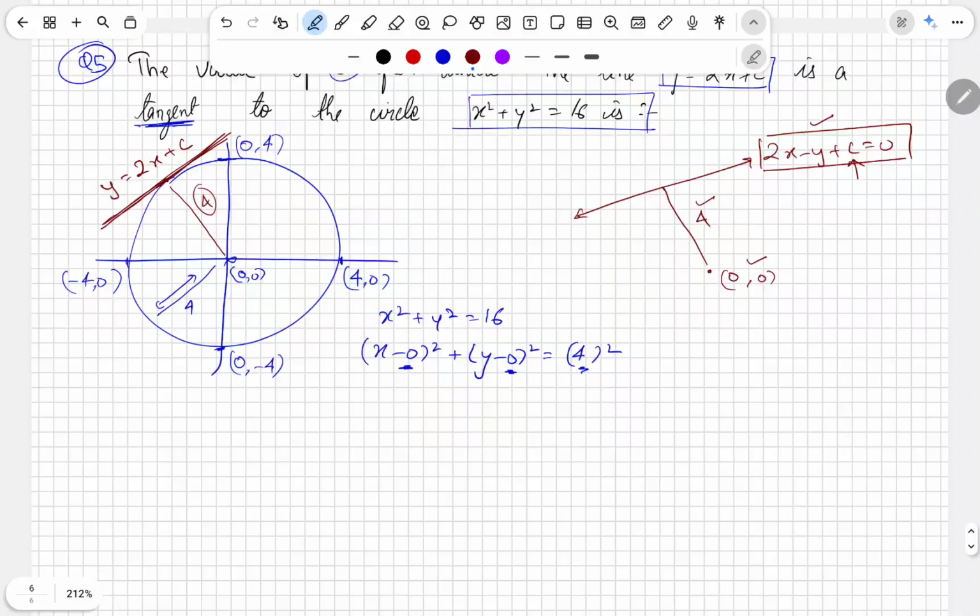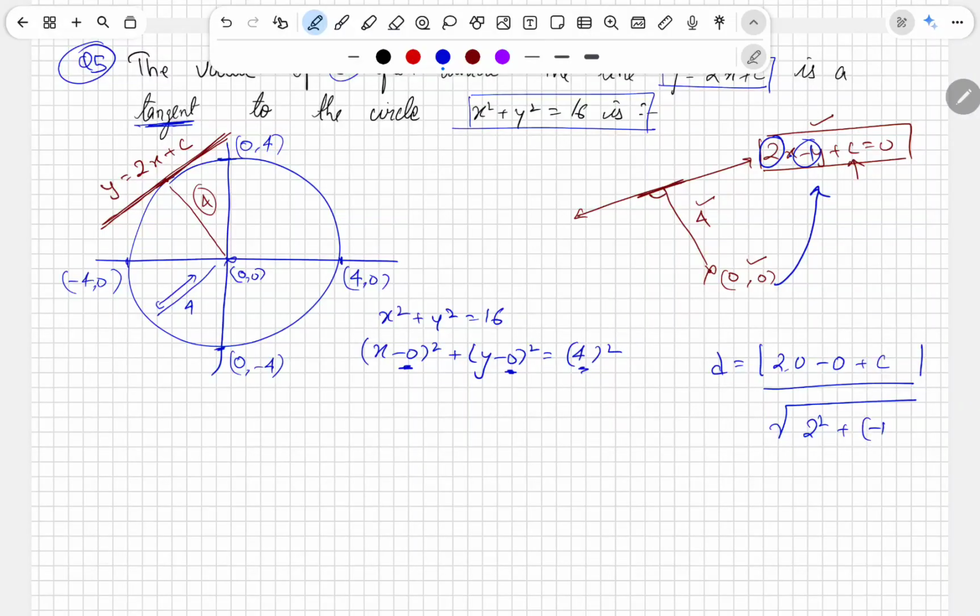Now the formula to find the distance of a point from a line is very simple. You say d is equal to mod, now put this point in this line. 2 into 0 minus 0 plus c, divided by under root of the square of the coefficient of x, that is 2 square, plus the square of the coefficient of y, that is minus 1 square. And the distance is 4.